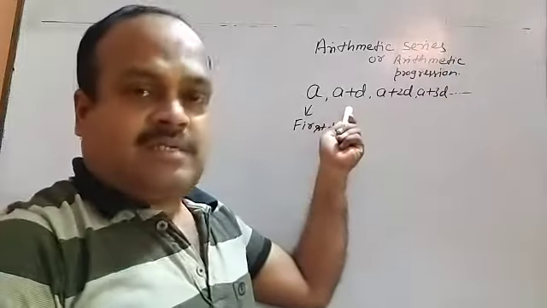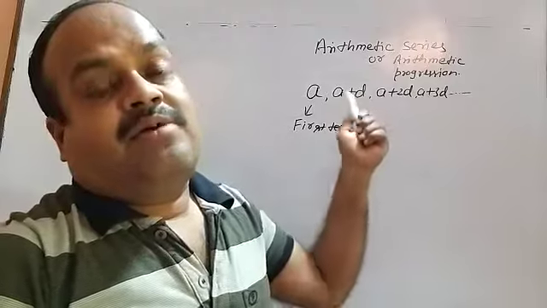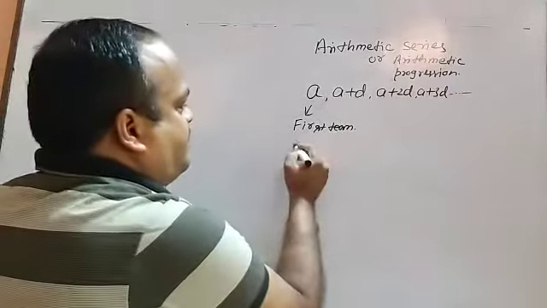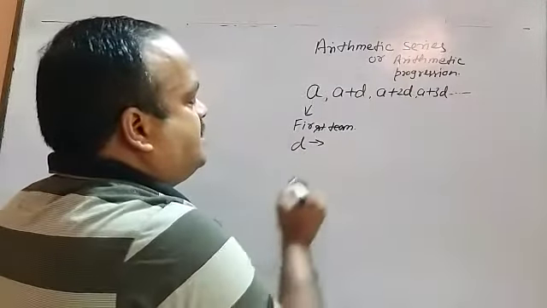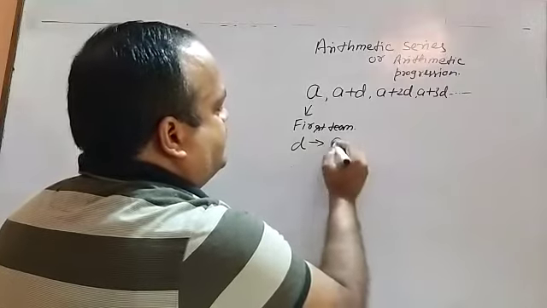Similarly, a plus d is called the second term, and the symbol for this is T2. This difference, this d, denotes the common difference.